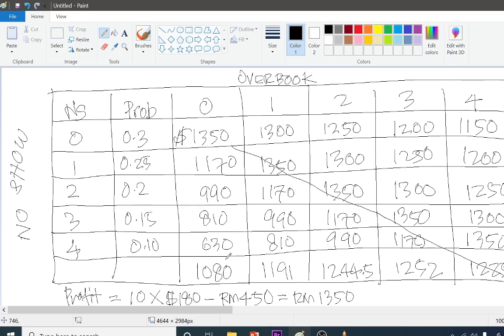This is 1280, and then it increased to 1190, and then later for 2 overbooking, they have 1244.5, and then later increase to 1255 for 3 overbooking, and suddenly at 4 overbooking it decreased to 1225.